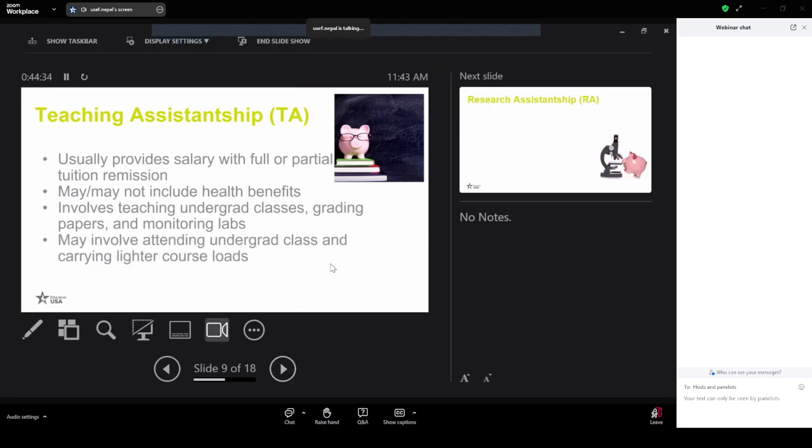So earlier I mentioned the 9 credits that each graduate student has to take, right? When you are a TA, you might have to carry a lighter course load because you have a lot on your plate.